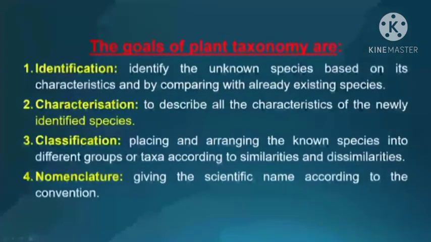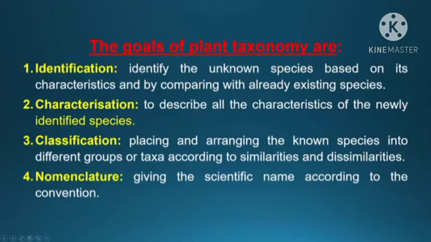Now, what are the goals of plant taxonomy? The goals of plant taxonomy are: firstly, identification. What is identification? Identification is to identify the unknown species based on its characteristics and by comparing with already existing species.